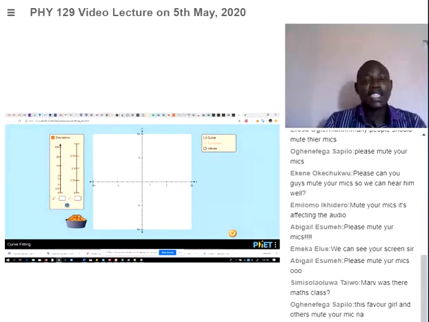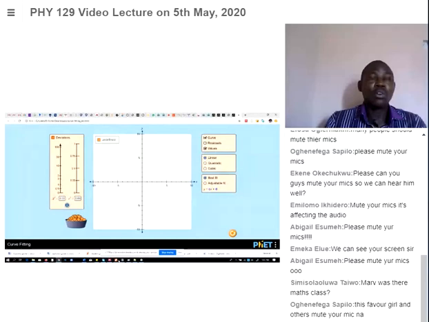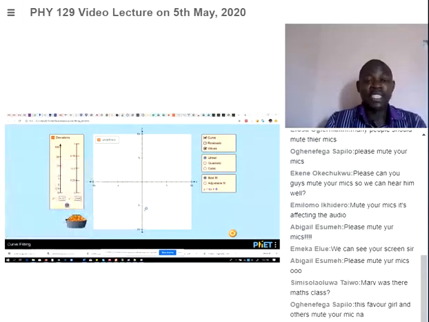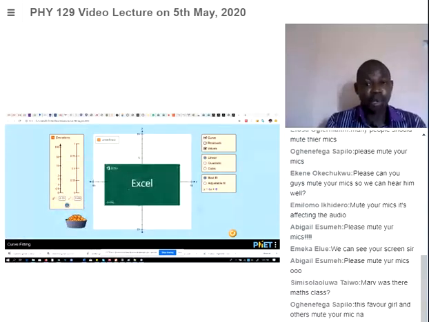We will be working offline, we will be working real-time online. So for you to plot your graph, for instance, if you have done an experiment using any of the simulations, you can come here to plot the graph using this curve fitting application. And I will quickly show you how to go about it.